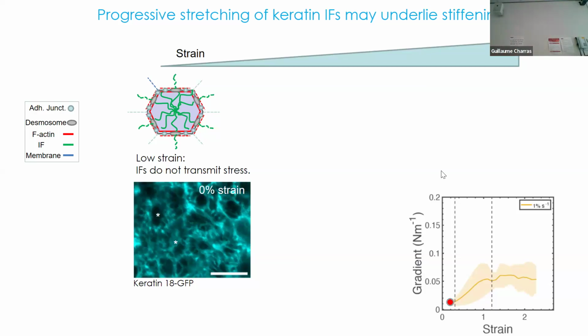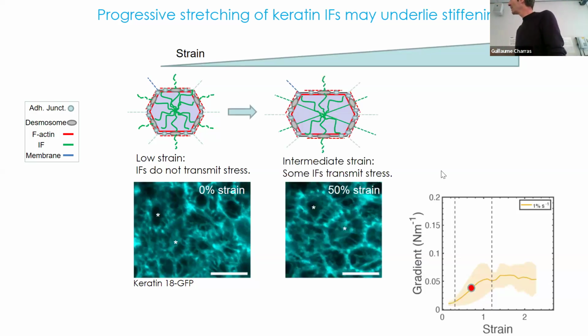What we decided to do is to have a closer look at what happens to the keratin. At low strain, the keratins within cells tend to be quite wavy, as if they were not subjected to stress. Then your stiffness is low, and that's probably because only the actin cytoskeleton contributes. As you increase strain, you might iron out some of the fluctuations in these filaments.